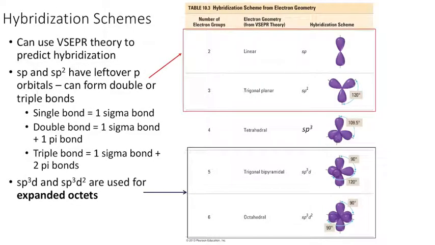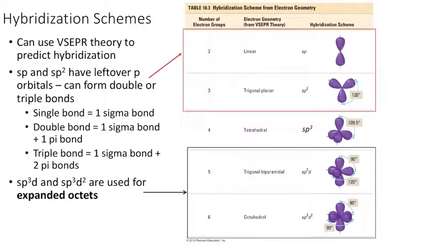This slide gives you a summary in the table on the right, and it turns out that the hybridization scheme is directly related to the electronic geometry that we used to determine in VSEPR theory. So you count the number of electron groups, say you end up with 2 on the central atom, then that molecule has a linear electronic geometry.